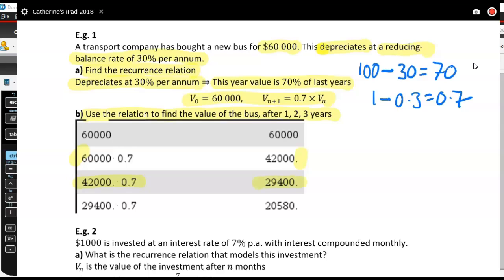So my value is $29,400. Then I apply that to the third year to get a value of $20,580. So you can see that as the years go by, the amount it decreases or decays is getting smaller. It's getting reduced.